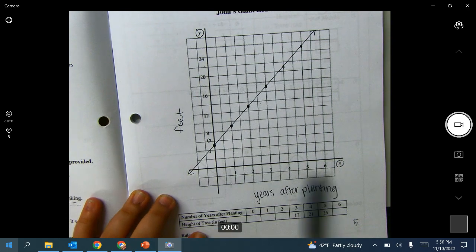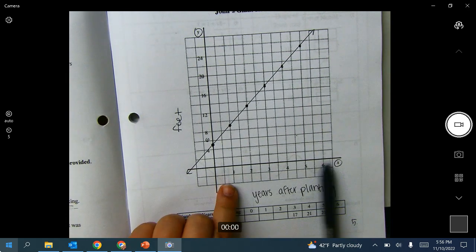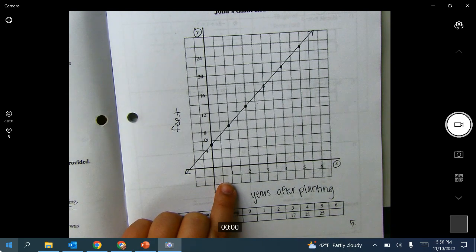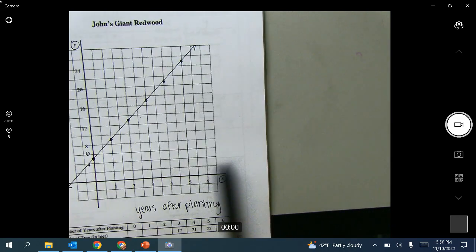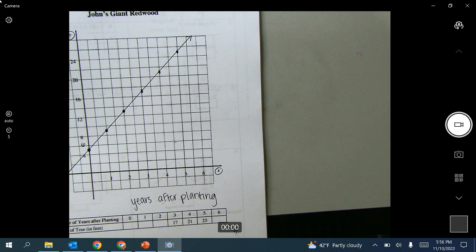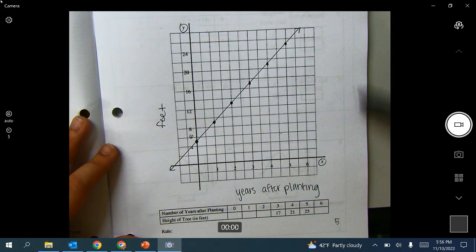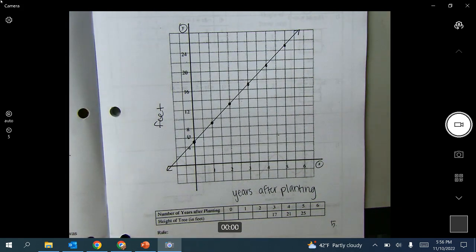If I have years down here on my horizontal, I can only use this graph up to 6. If I extended it out eventually, I could see it. But with this snapshot of the graph right now, I don't have enough room, enough information to be able to create a clear prediction just using the graph.